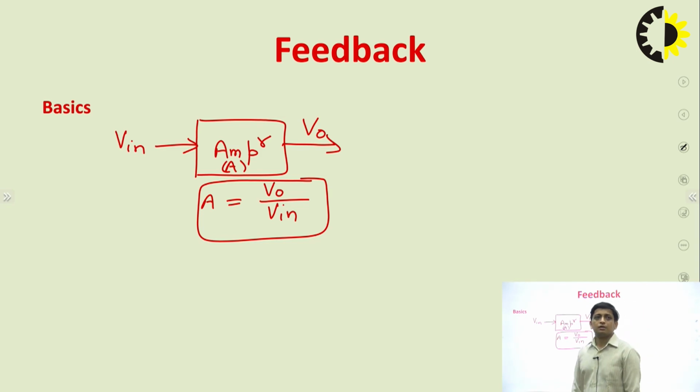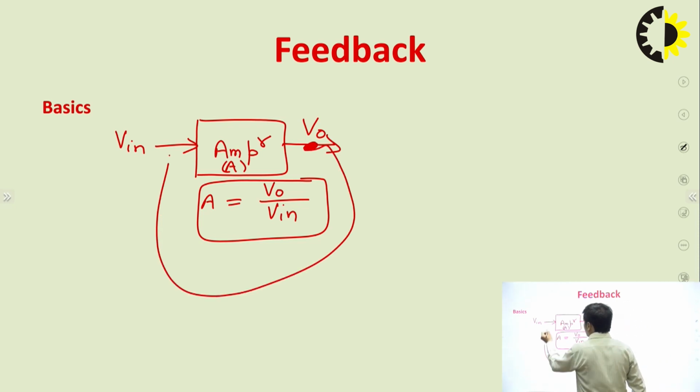But see, this amplifier does not have any feedback, right? Now the next question arises: why do we need to connect the feedback, what are the different types of feedback, and what is the relevance of the feedback? Now see, if we connect the output to the input and if the output is subtracted from the input, that is called negative feedback.